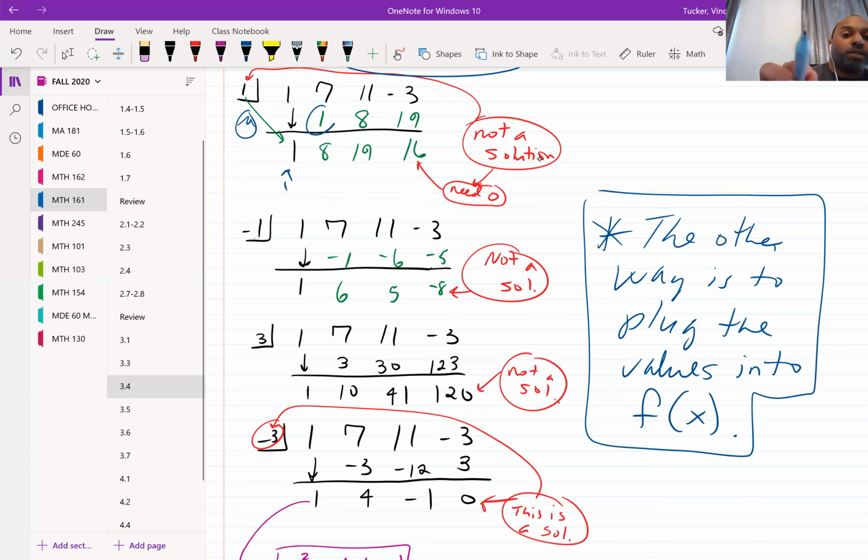Whatever's in the box times whatever's down here, that's how you get that one. Add these together: 7 plus 1 gives me 8. Then 1 times 8 gives me this. Add those together, then 1 times 19 gives me this. And then add -3 and 19, that gives me 16. Oh, okay. Thank you. Not a problem.